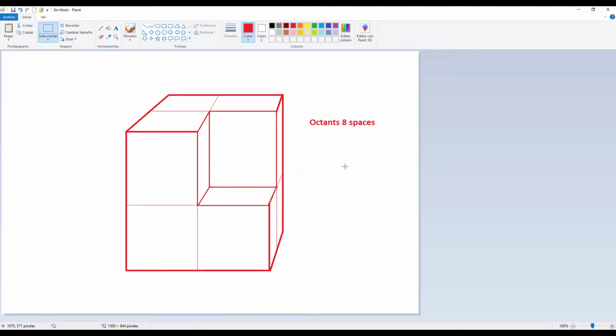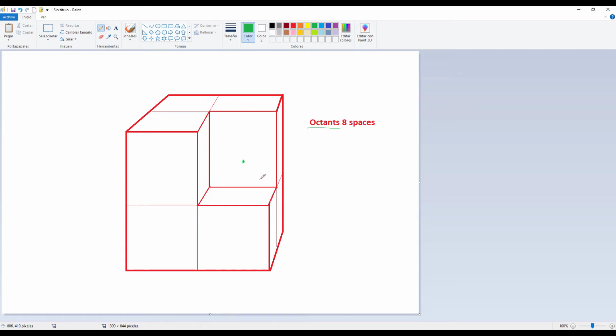Okay, 8 spaces. So the difficulty here is, for example, if I draw a point here, it's a little difficult to know in which octant that point is. Maybe you can think that point is in the first octant, or maybe that.